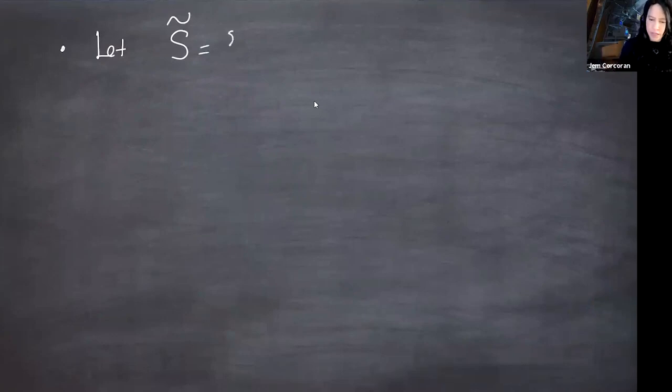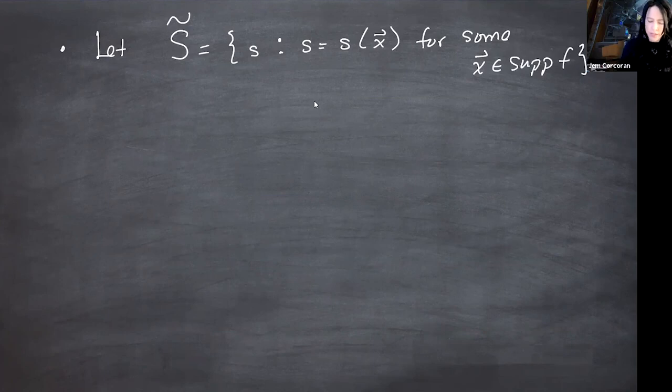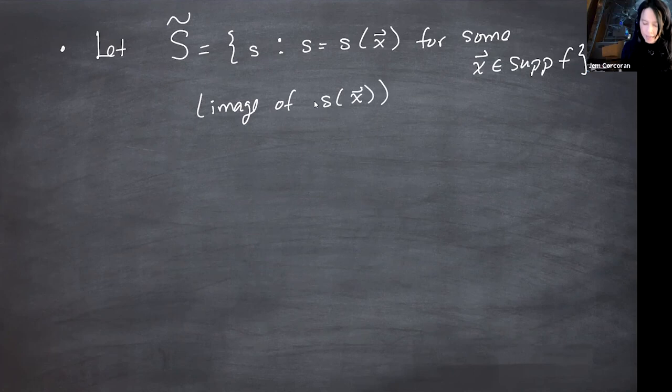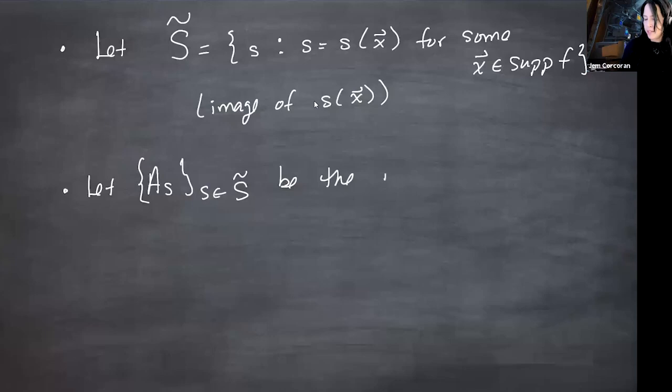I'm going to let this be all of the S's for which S is some S of X for some X in the support of F. So this is the image of the function S of X. And I'm going to let A sub S for S in this S tilde be the induced partition.